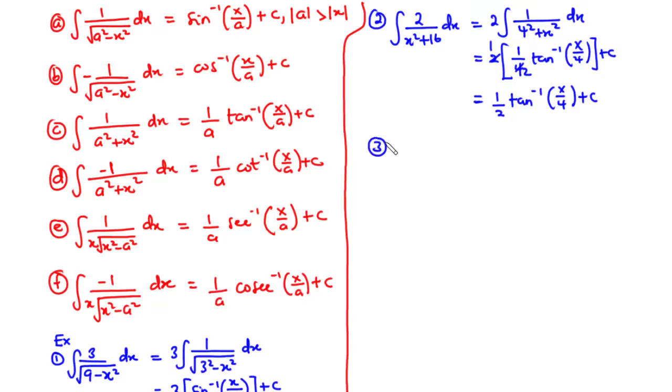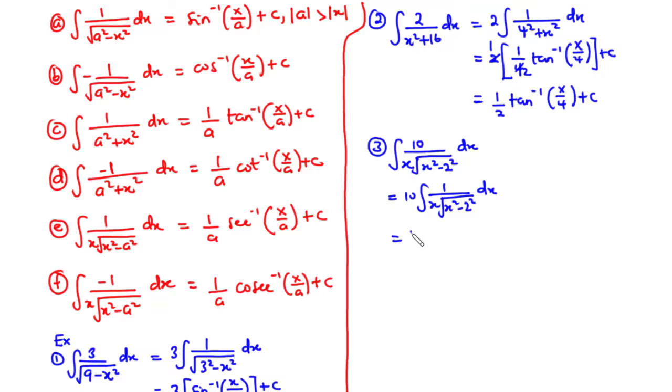Now let's move on to 3. We have the integral of 10 over x times the square root of x squared minus 2 squared. So this is also equal to, we pull out 10, we have 1 over x times the square root of x squared minus 2 squared dx, and you realize that this corresponds to 1 over a sec inverse of x over a plus c.